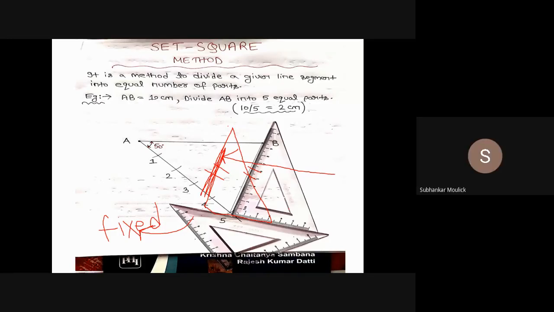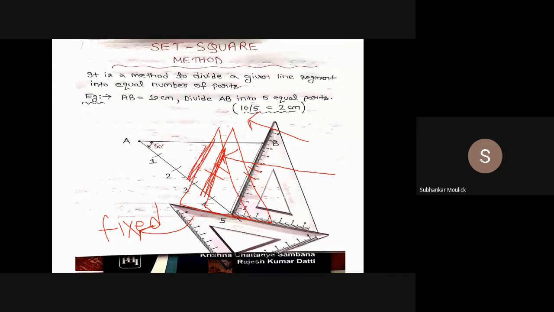Similarly, again if you keep the bottom set square fixed, again if you move this top set square linearly along the base of the bottom set square, at the third point, this will be the position of the set square. Yes or no? Then from point 3 again you can draw a line.